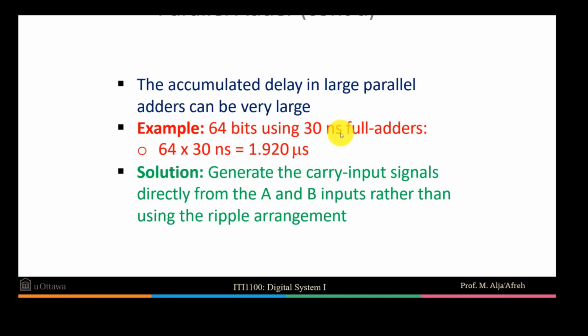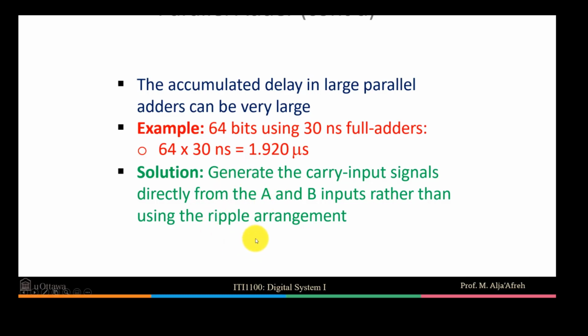The solution is either to build your adder using very fast and effective gates, for instance, if it's built through TTL, change it to CMOS because it's faster, or we can use something called a carry look-ahead logic circuit.